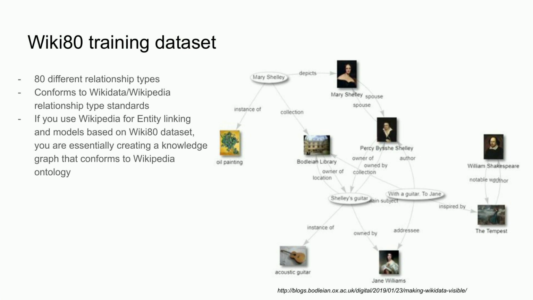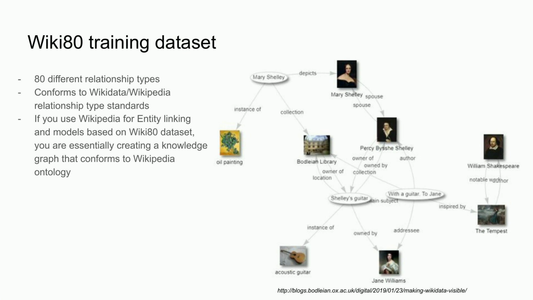And for me, it's really interesting to see that if you use Wikipedia as the target database for entity linking, so basically you're linking named entities to Wikipedia, and then you also use a Wiki80 training dataset, so you try to infer the relationships that conform to the Wikipedia ontology between pairs of entities.